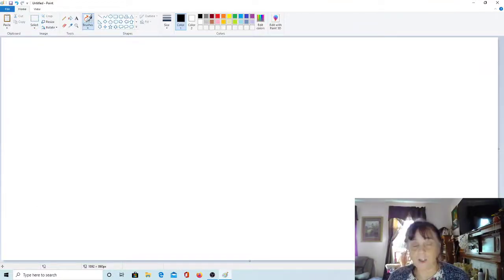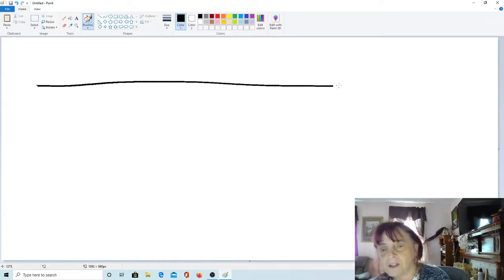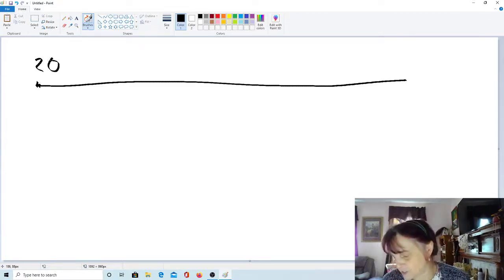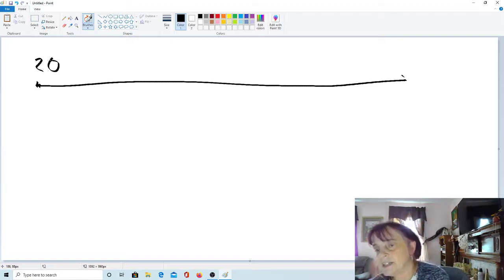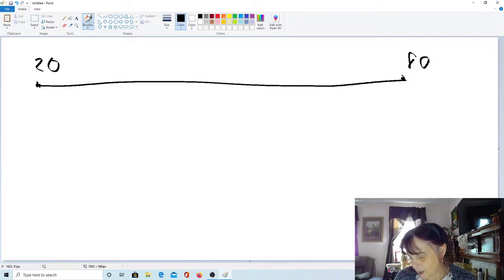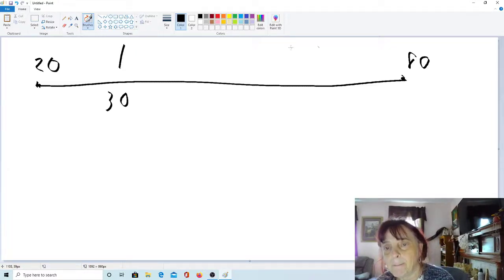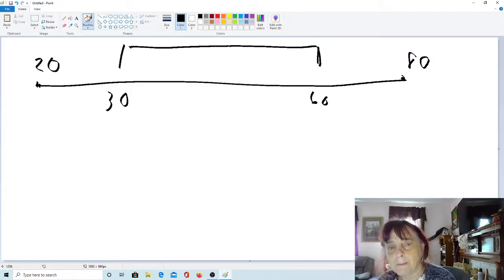Now you want to do the box and whisker plot. So you have your number line. The lowest number in that set of data is 20, and the highest number is 80. And then Q1 is 30, so that's the end of our box. The other end of the box is 60. So we make our box.